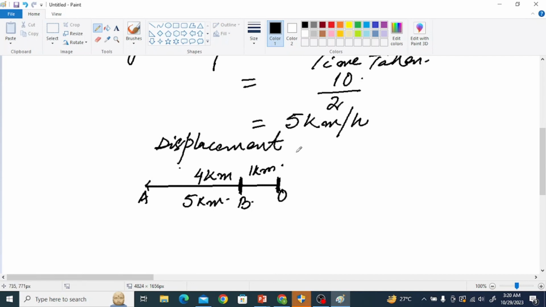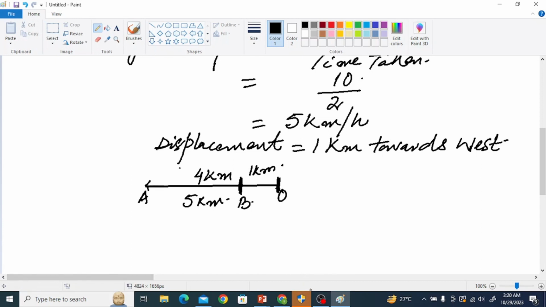His displacement is 1 kilometer towards west. So this is the way we solve the displacement question.